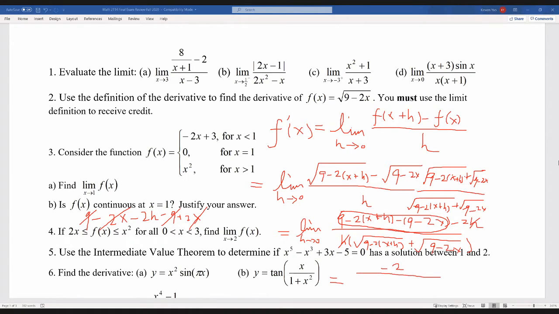With h equal to 0, this becomes 9 minus 2x. This is the same thing, plus 9 minus 2x.